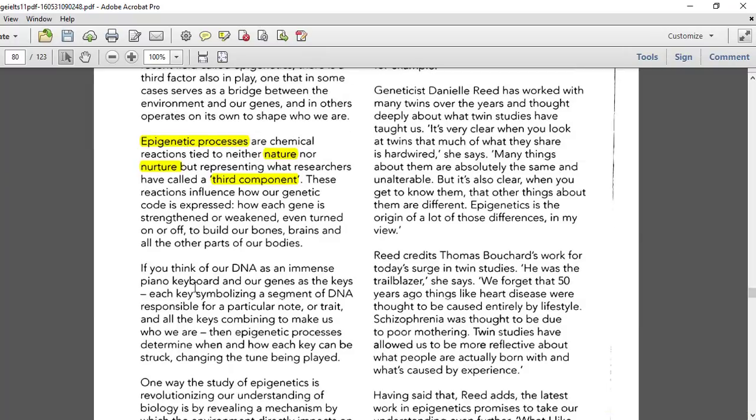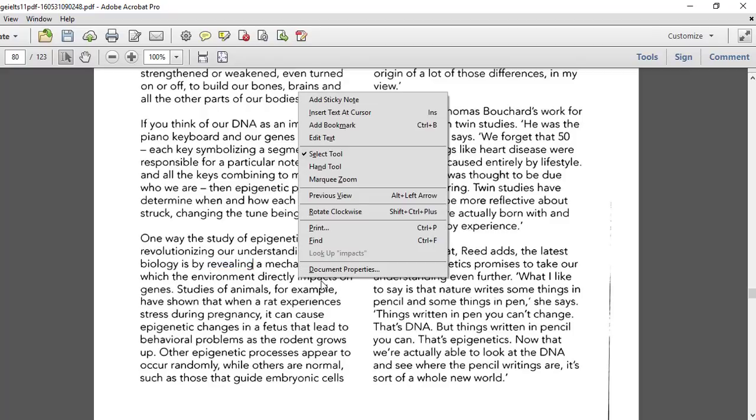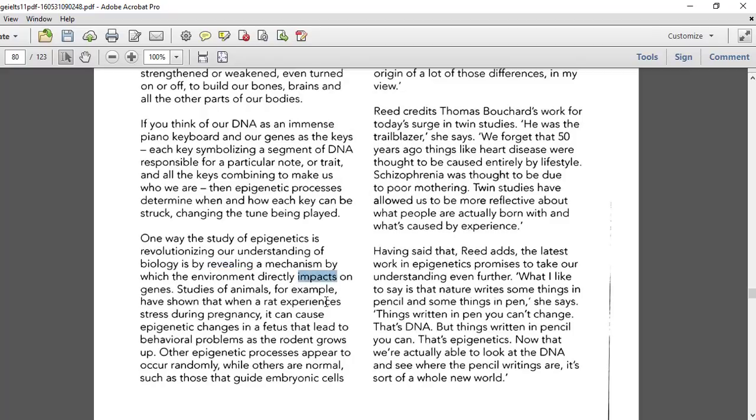If you think DNA is responsible for a particular noted trait... the study of epigenetics is revolutionizing the understanding of biology, revealing means uncovering a mechanism by which the environment directly impacts, means affects. It must be here because we have the word revealing and we have the word impact.